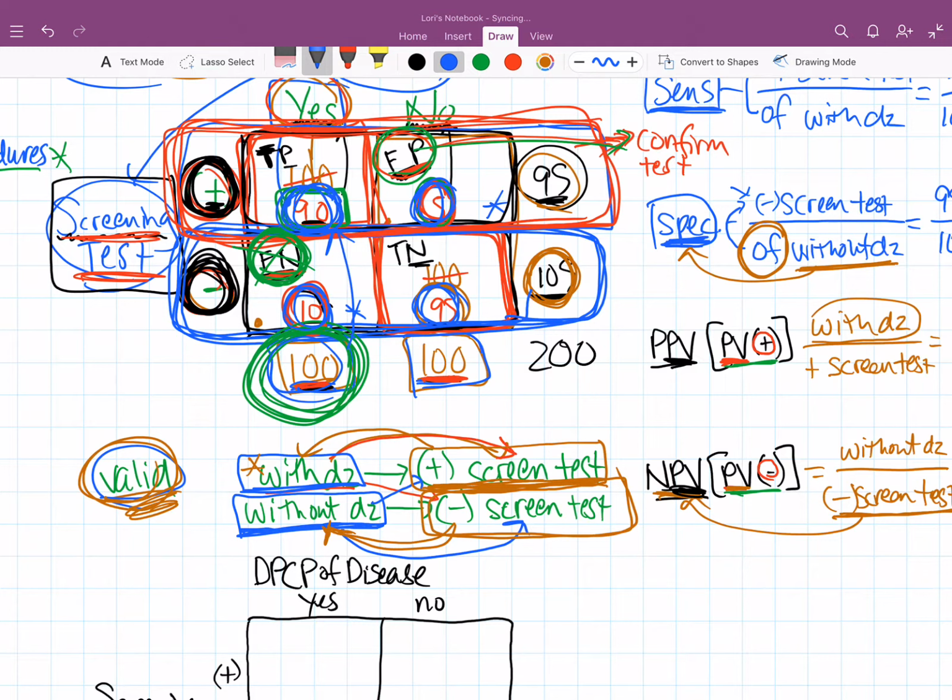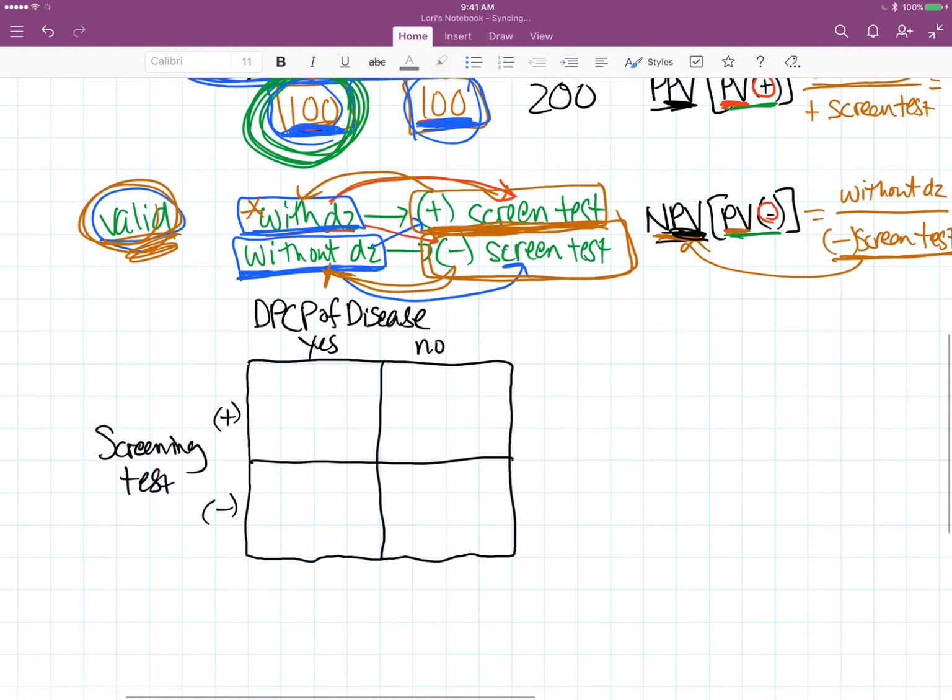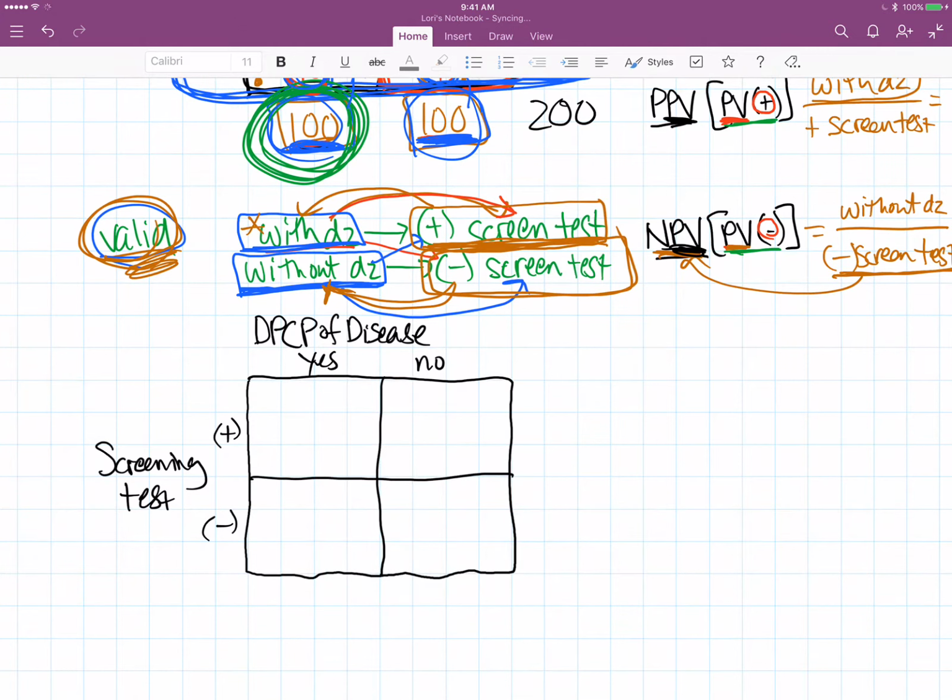Of all the people without disease, 95% tested negative. We will do that same scenario, except instead of having them be even in the yes and no detectable preclinical phase of disease, we're going to change that proportion a little bit. So let's move down here to the next scenario.